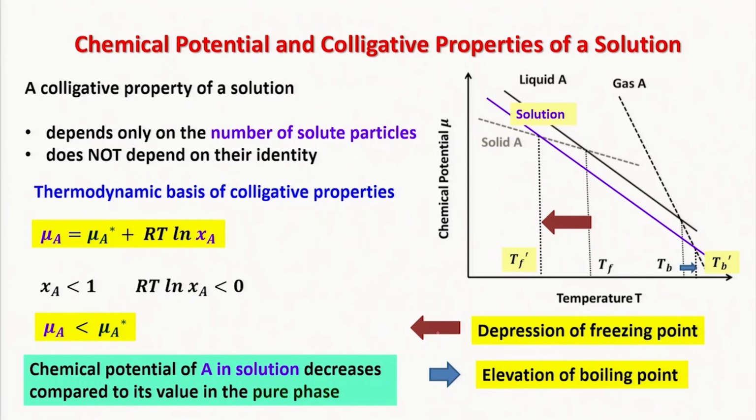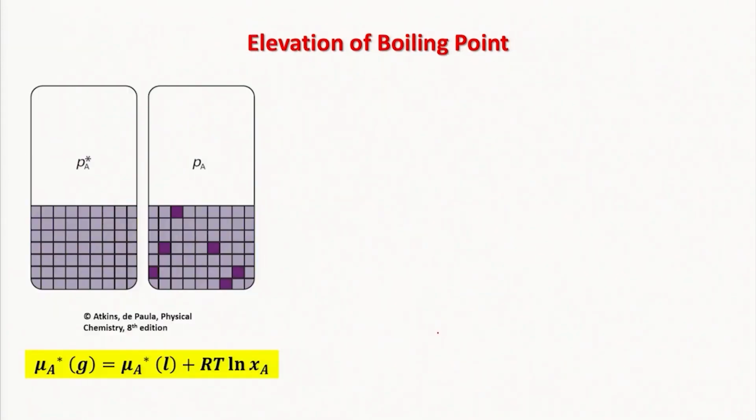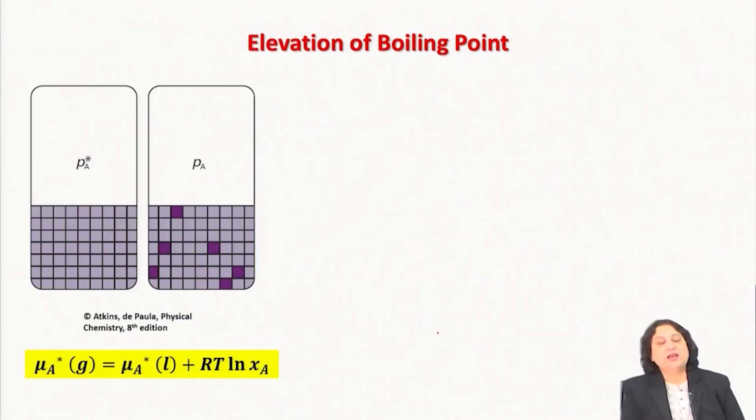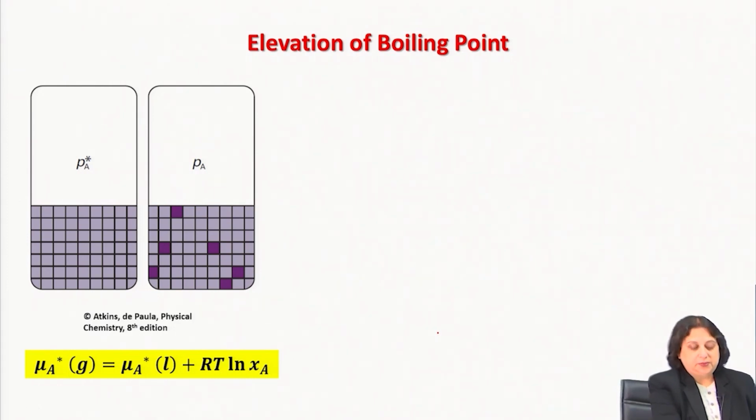So in today's lecture, let us have a look at the quantification of how much the change in the boiling point of the solvent would be from its value in its pure phase. The first situation that we have in mind is where the boiling point is Tb.